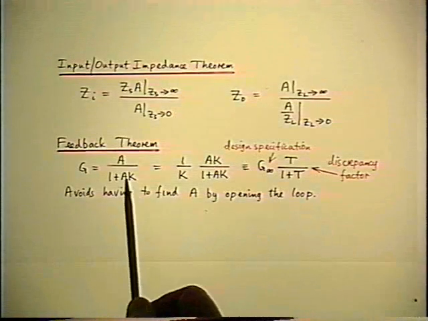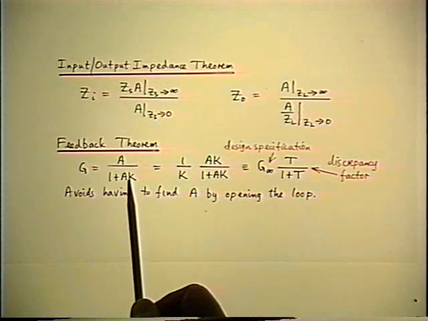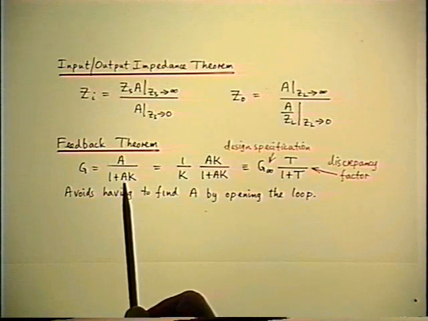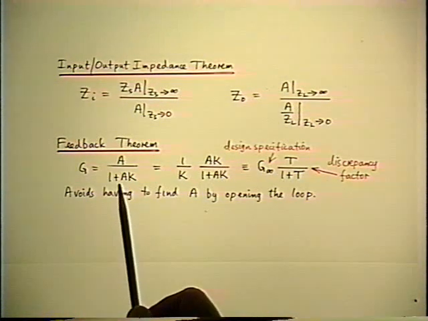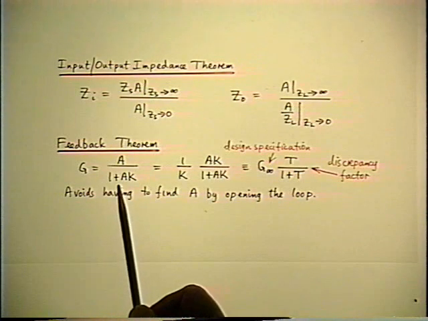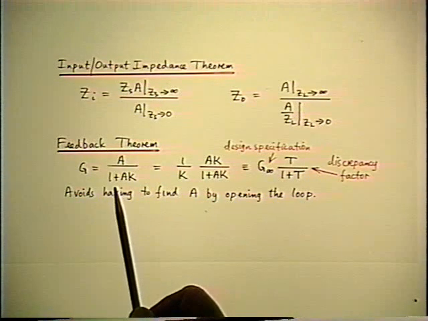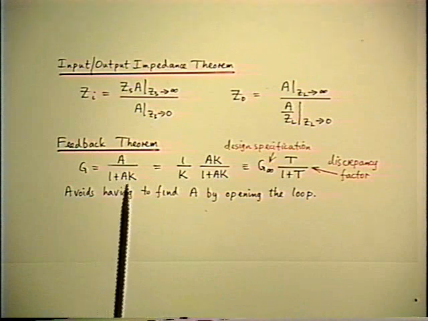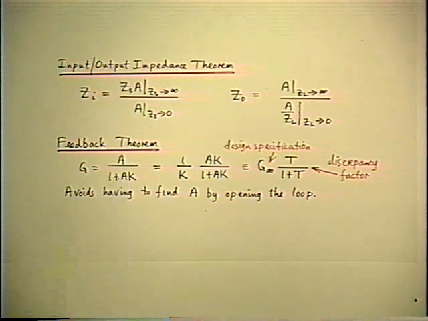So this sort of formula may be very convenient for, say, mechanical systems where there's a very clear separation between the plant, the forward path, and the feedback path. But in electronic amplifiers, very often that is not the case. So that's a difficulty of using the conventional expression.